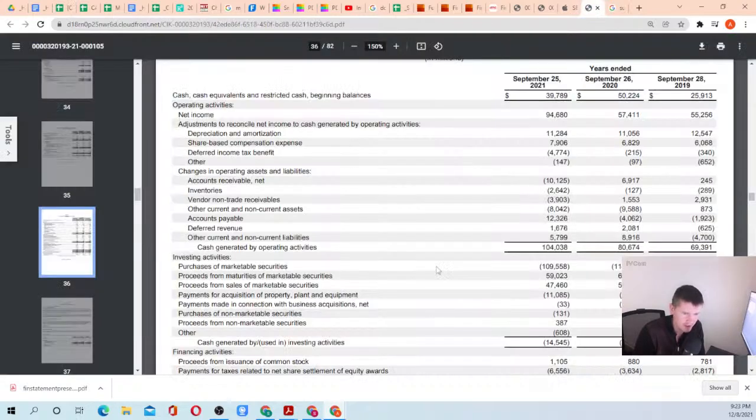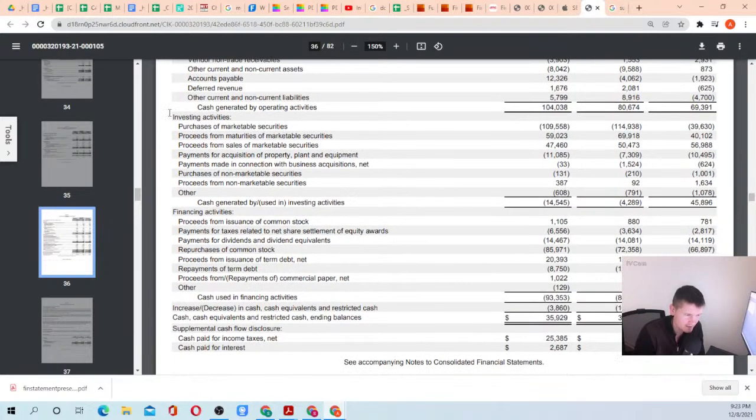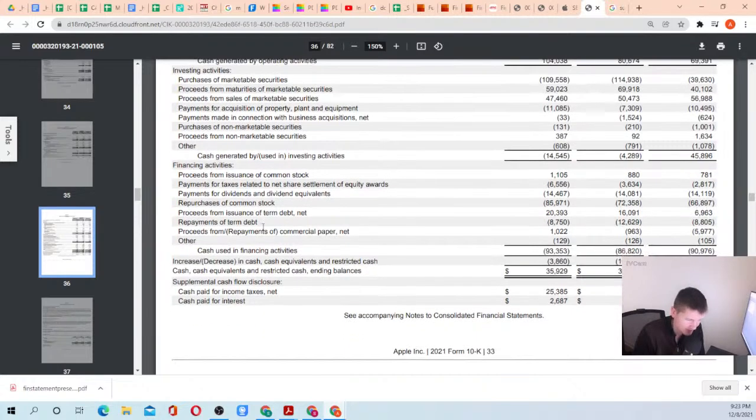So if you prepare the same direct operating cash flow for Apple, you will get the same result. The result should be the same. And investing and financing activities, for either the direct or indirect method, should also look absolutely the same.